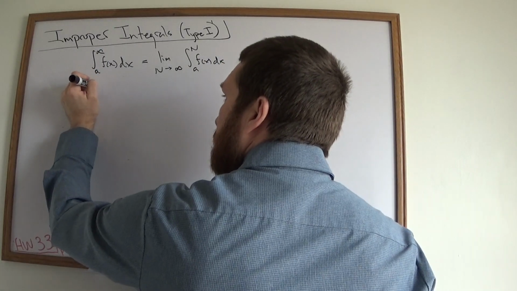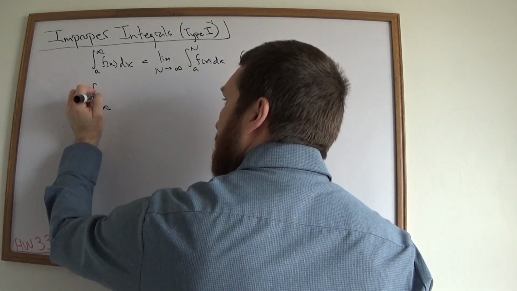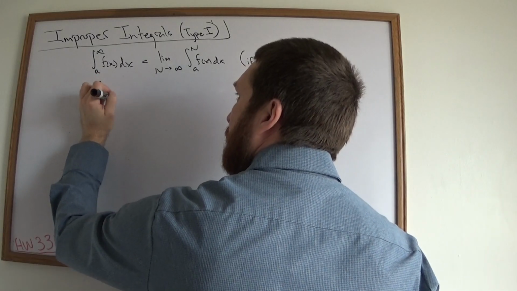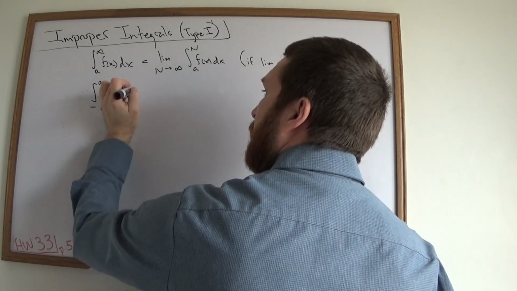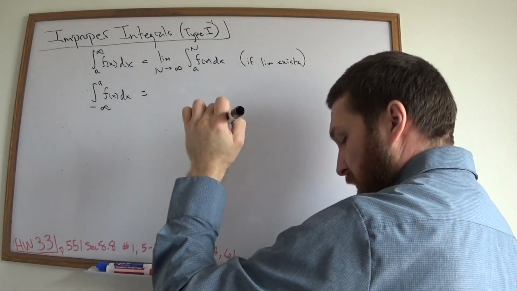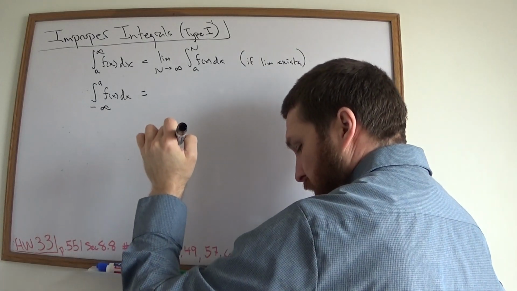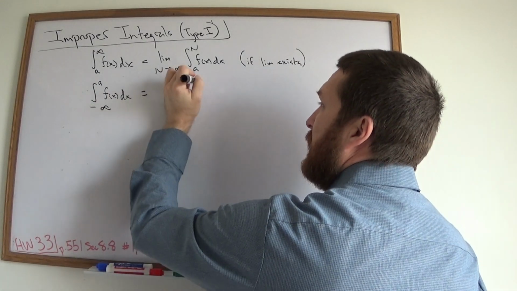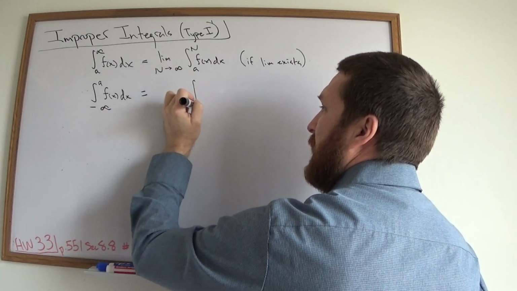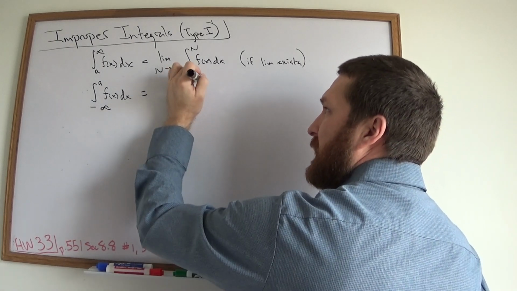Or it could be from negative infinity up to some number a. And the way we do that, same thing. We'll just change this to n down here. We'll go up to a here.